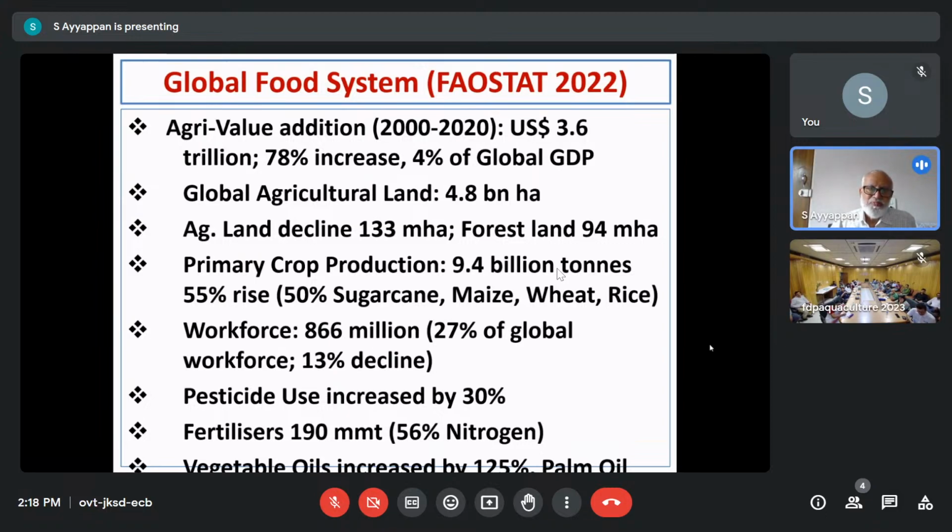Agricultural land is continuously declining, which we should keep in mind. Primary crop production is increasing due to productivity increase. At the same time, the workforce engaged in agriculture and farming is getting reduced. In India also the same thing is happening. That is a worrisome feature.